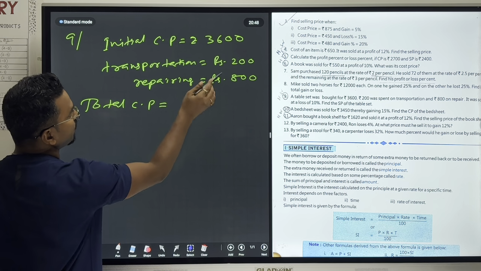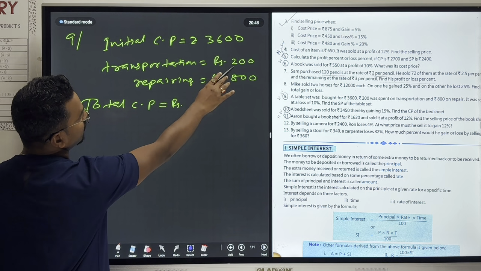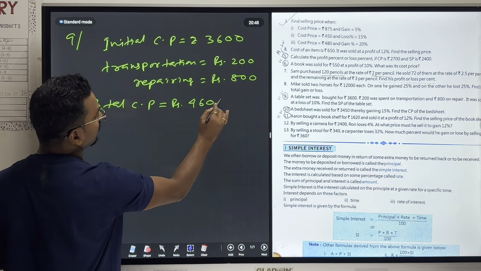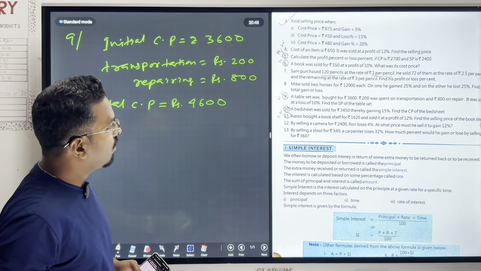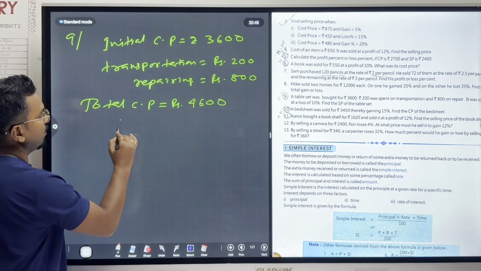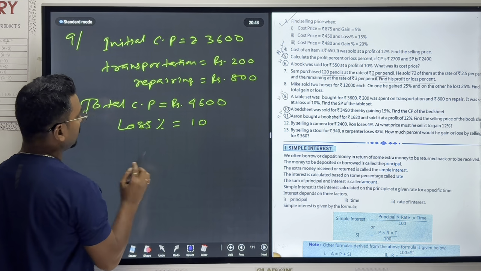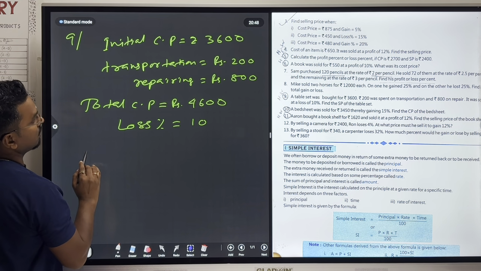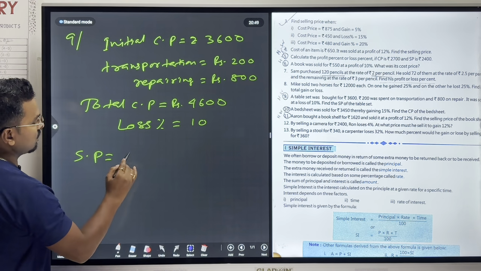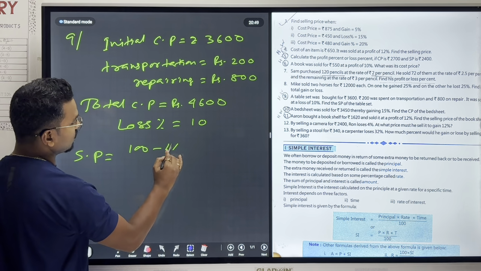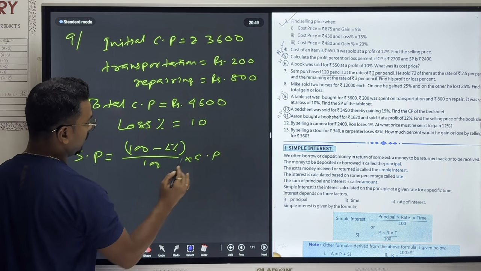So what is the total cost price? If you add all this, this will be 1000 more, so 4600. Total cost price is 4600 rupees, and he sold it at a loss of 10%. Selling price equals (100 minus loss percent) divided by 100 into CP.